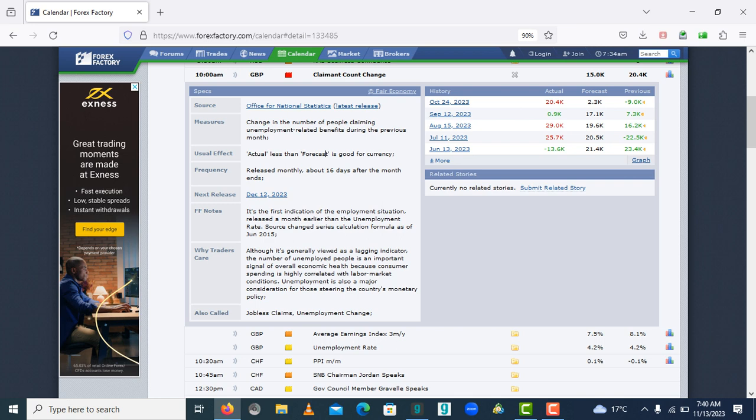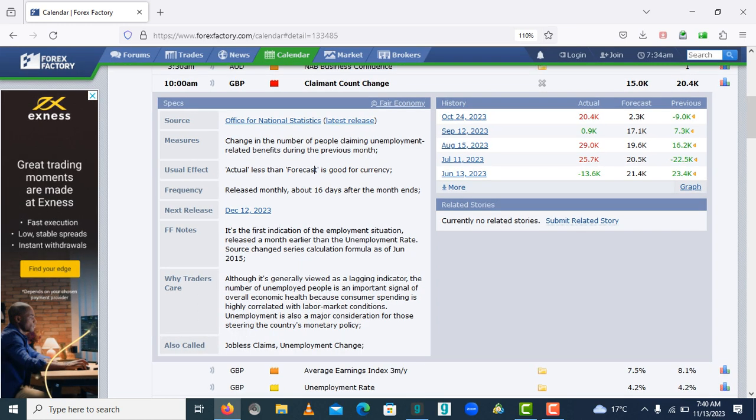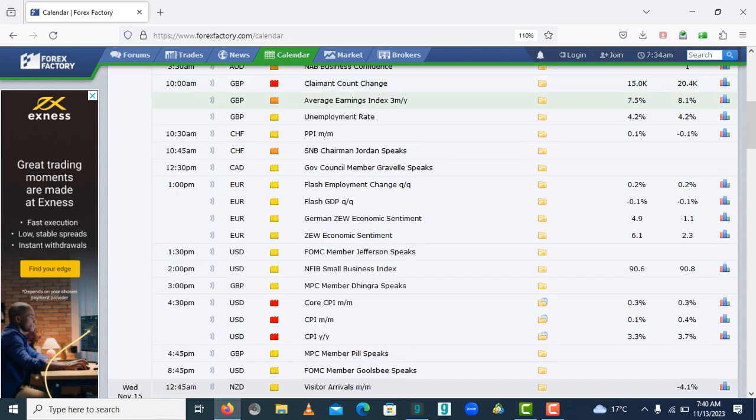Therefore, when you are a fundamental analyst, you have to keep a close eye on the news, and that is how you should do the trading. Let me get something else here.